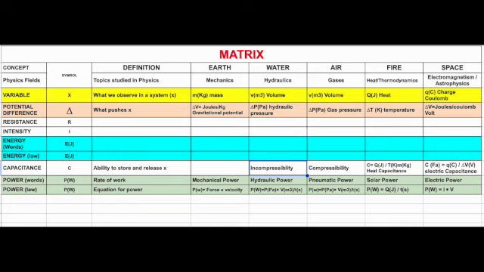Water, we cannot compress water. If you want to increase the pressure of water, water transmits it. So water is incompressible. There is no capacitance in water. Water is not used to store, but it's used to transmit energy. So for example, our lungs are compressible.